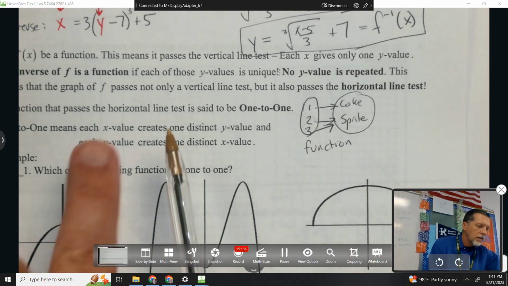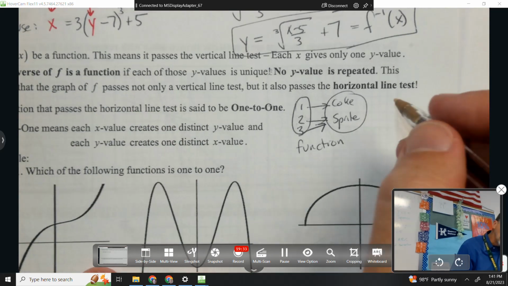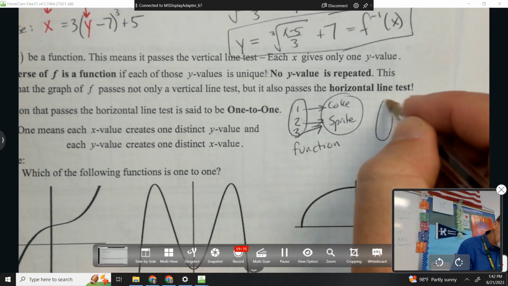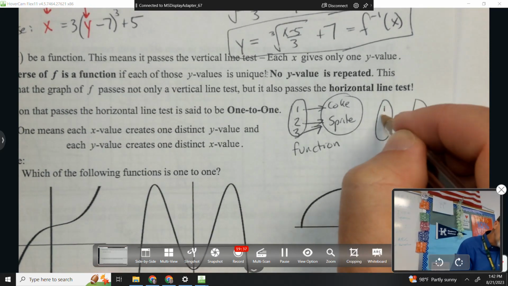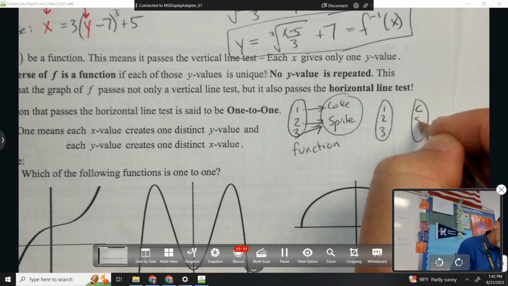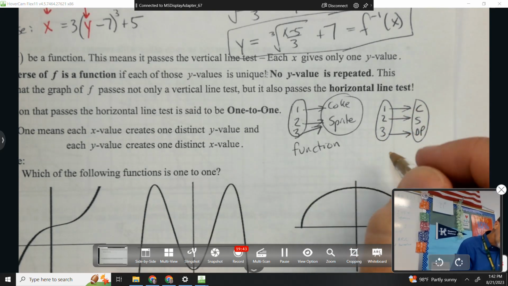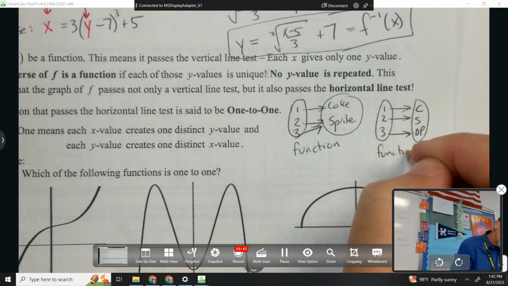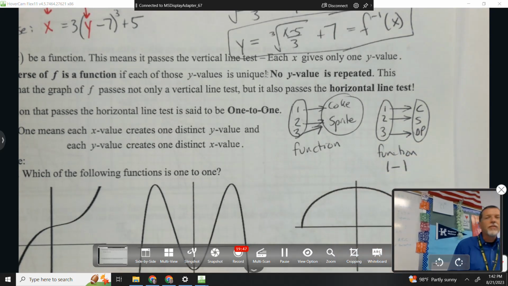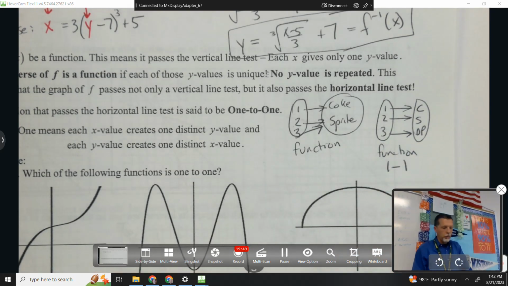So if you want it to be 1-to-1, here's where you'll see where that name comes from. So that's a function, but it's also a 1-to-1 function, meaning I can go backwards. Right?